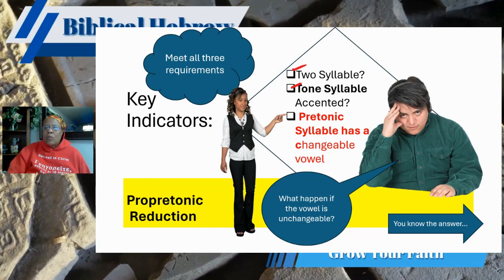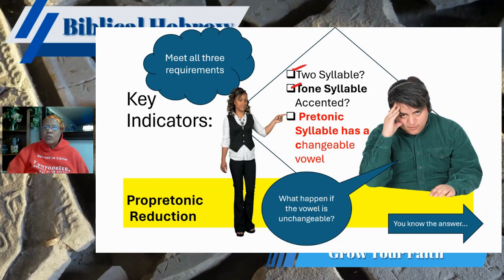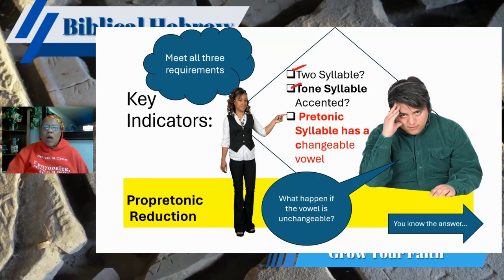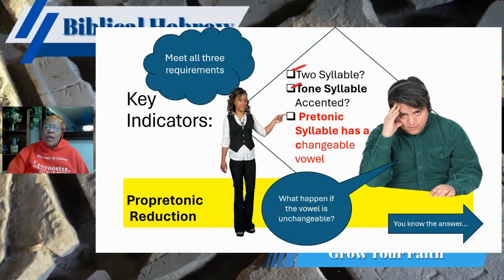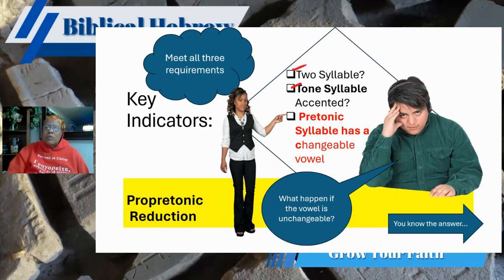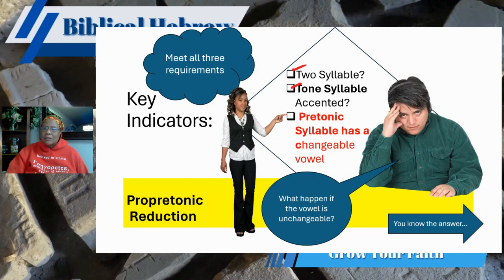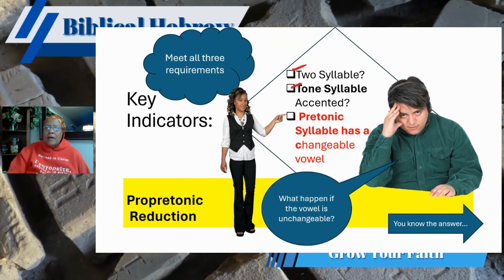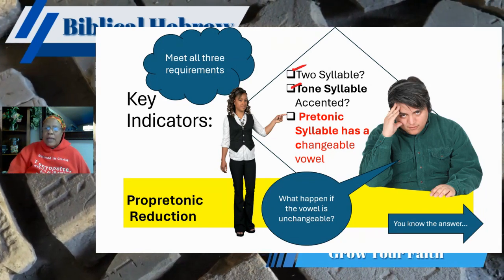Here's where we might have wanted to put the schwa. We might want to put the schwa, but we can't because there's an unchangeable vowel here. So this stands, okay? We don't have to do anything with that.